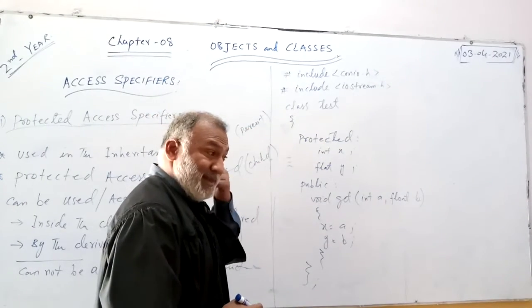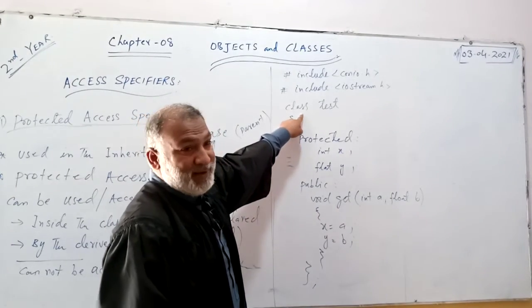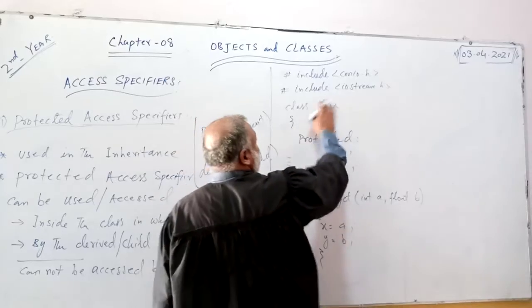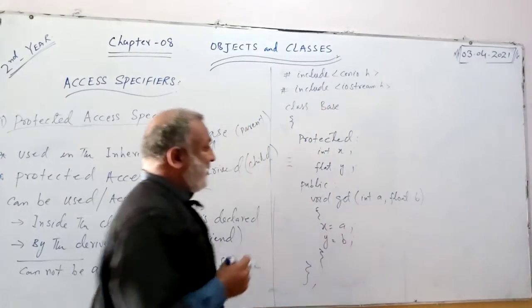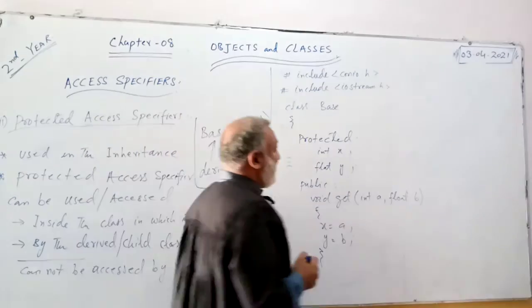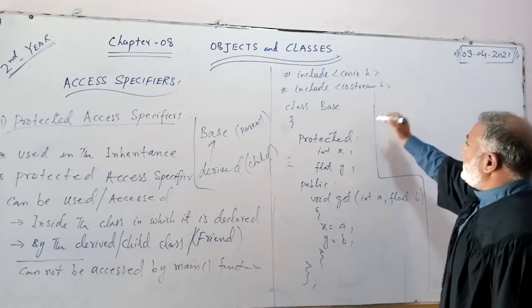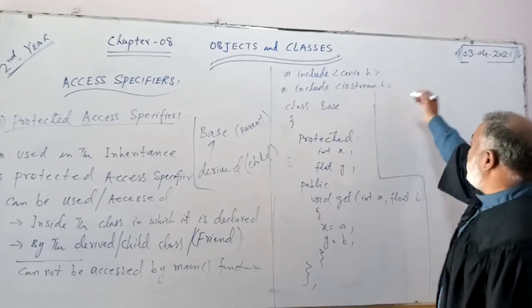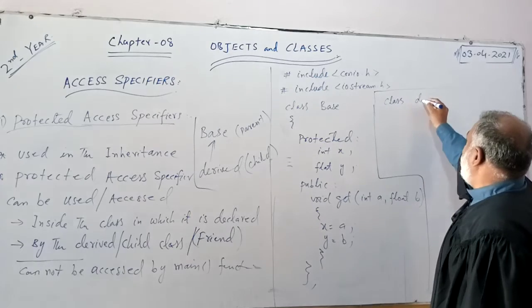Now I am making another class which will derive the class test, and if I give this name as base, it will become more clear to people. It is a base class. Now I am making a derived or child class which will access this class. So after this I am making another class, and that is class derived.